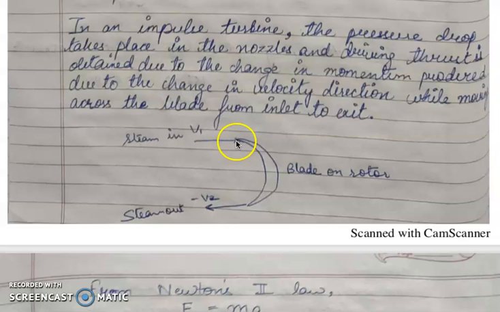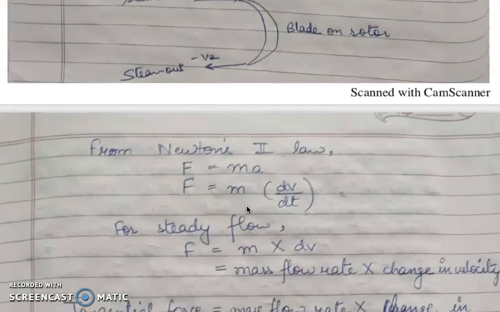The steam coming with some velocity strikes the blades, glides over them, and comes out with another velocity v2 from the other direction.